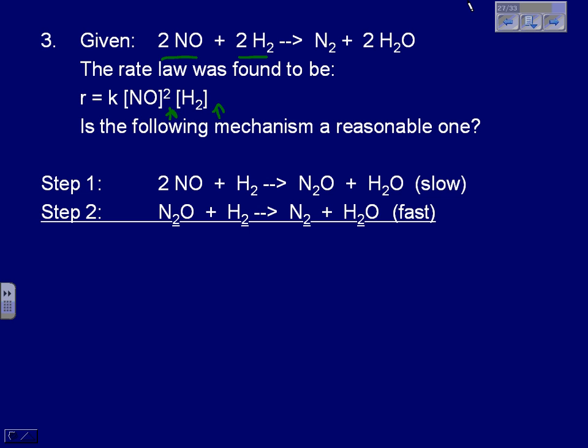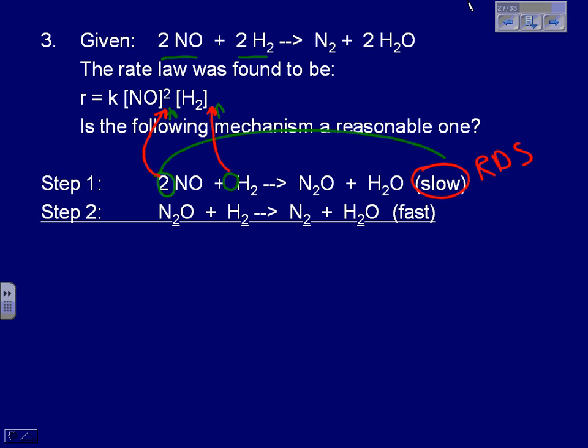Well, let's take a look. First thing I see here is that the first step is slow. That makes it the rate determining step. The next thing I do is I go straight to those coefficients, right there and right there. We know that those coefficients have to be in the rate law, and are they? 2 and 1? You bet. That looks good. That is reasonable.